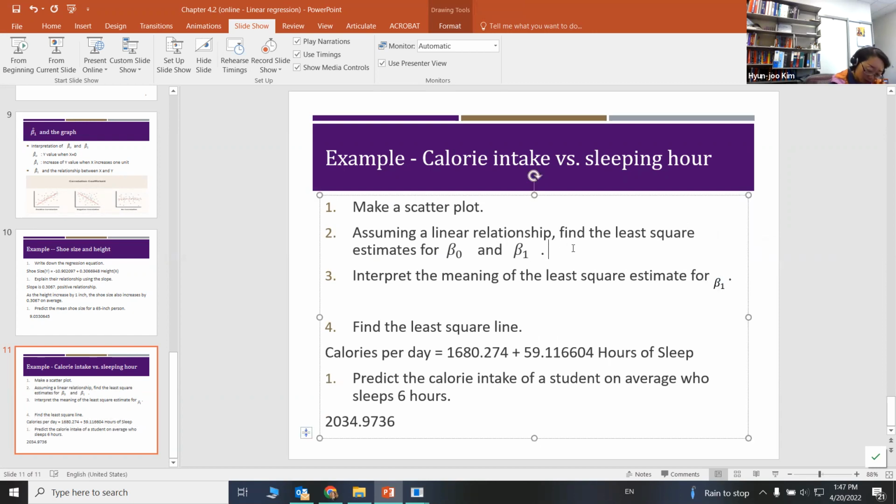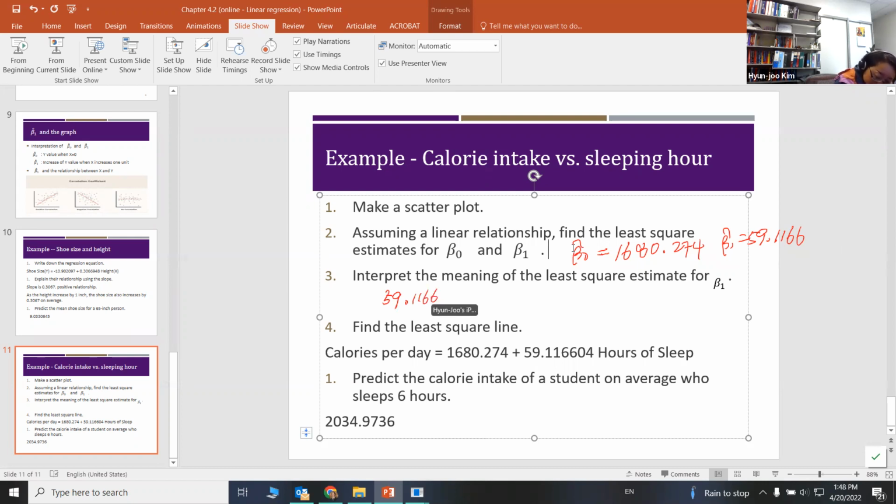So here you can say beta naught hat is equal to 1680.274. And then beta 1 hat is 59.1166, something like that. Interpret the meaning of the least square estimate of beta 1 hat. So what does this 59.1166 mean?